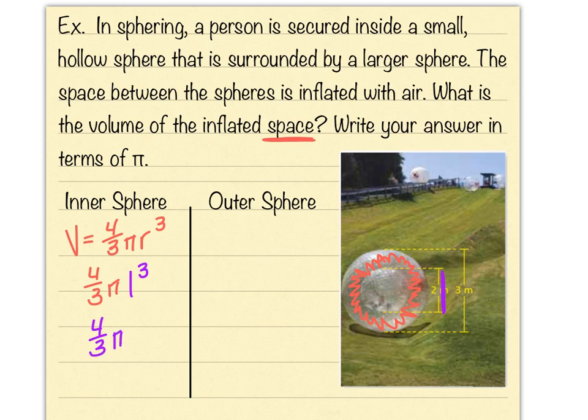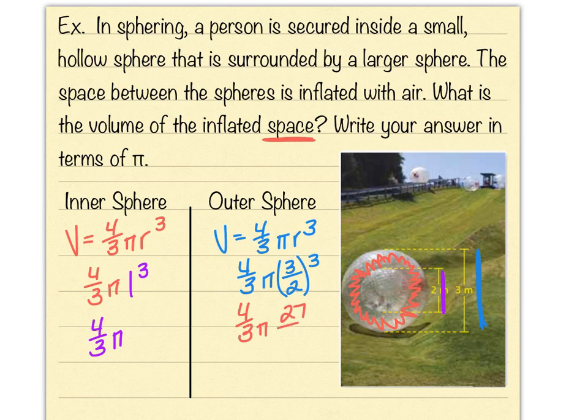Now for the outer sphere, same formula, 4/3 pi r cubed. But this time the radius is going to be 1.5 because the diameter is 3. I'm actually going to write 1.5 as 3 halves because I've already got a fraction there with the 4/3. 3 halves to the third power. 3 to the third power is 27, and 2 to the third power is 8.